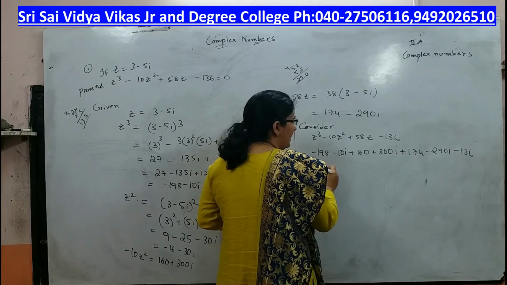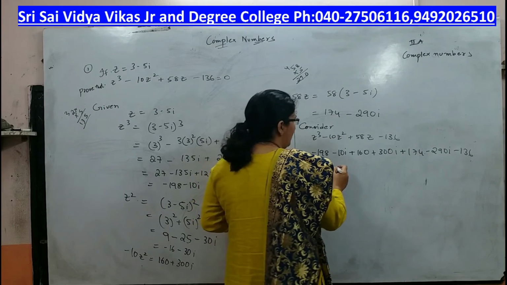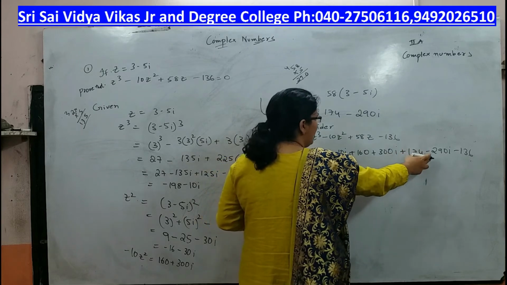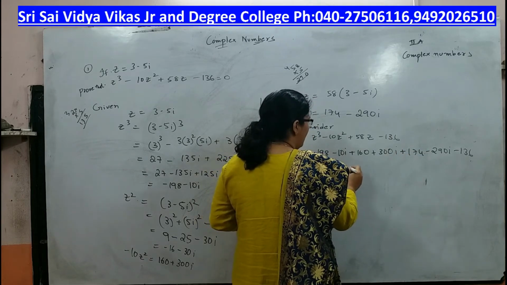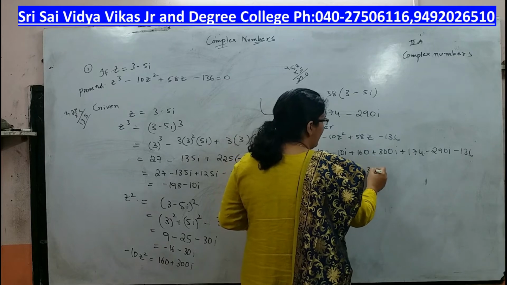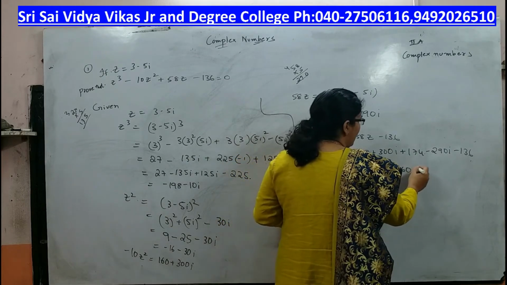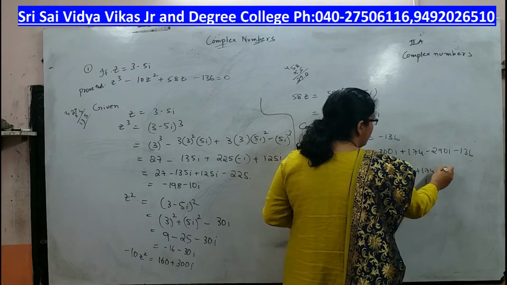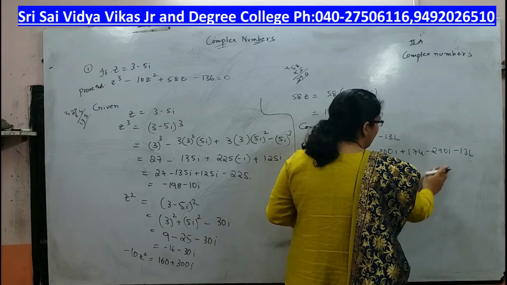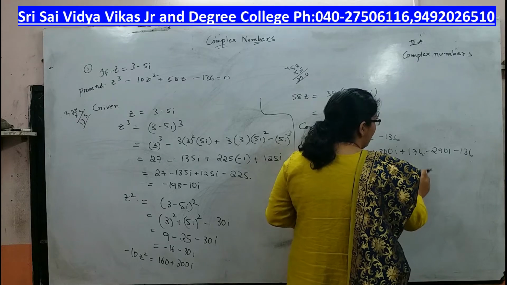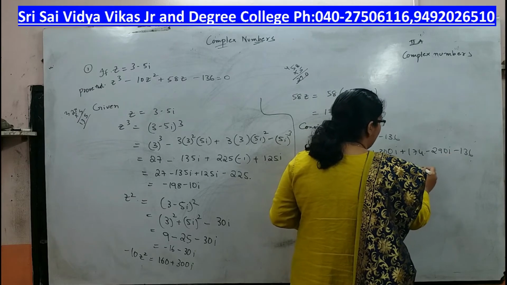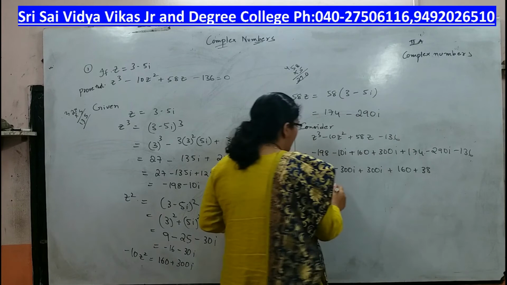Minus 198 minus 10i minus 290i plus 300i, plus 160 plus 174 minus 136, that is 174 minus 136 is 38, right?